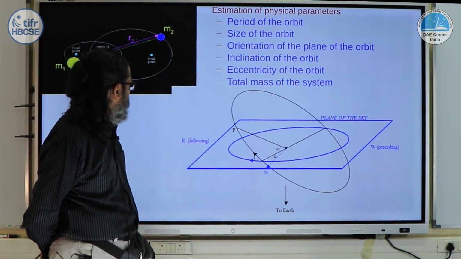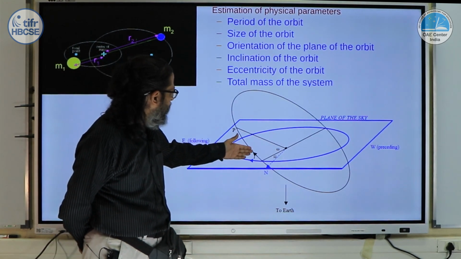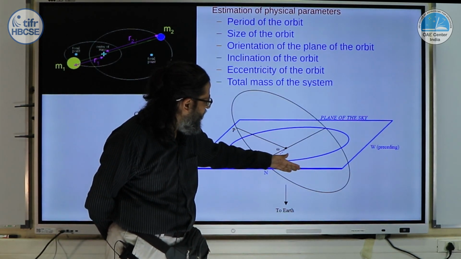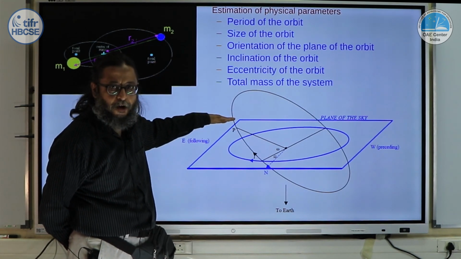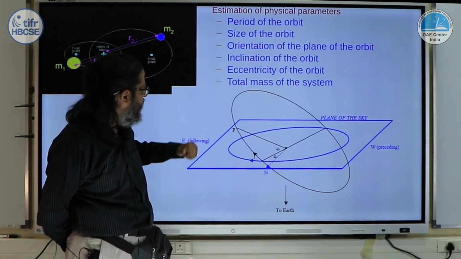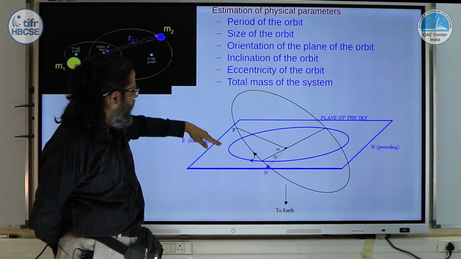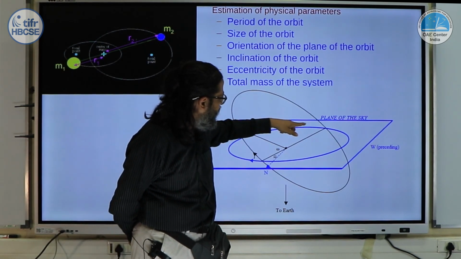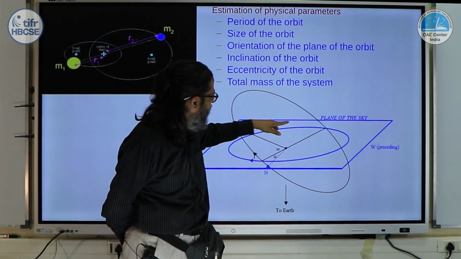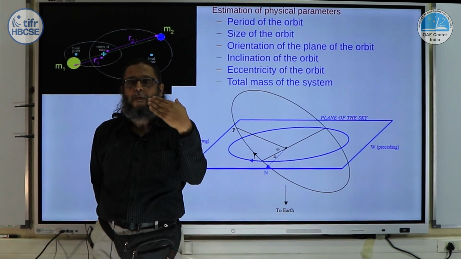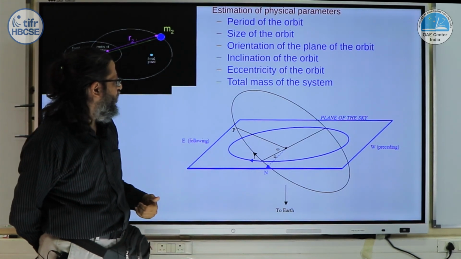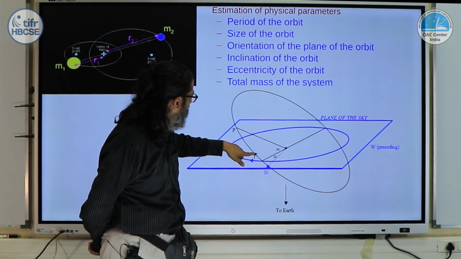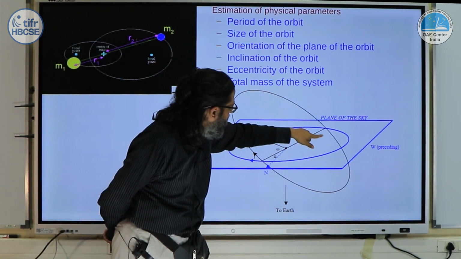So here, this gives you an example of the concept of inclination of the binary orbit that we're talking about. Okay? So this is an ellipse, and this orientation will actually change in three dimensions.